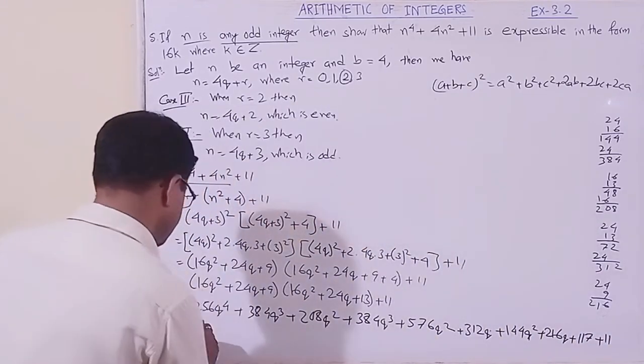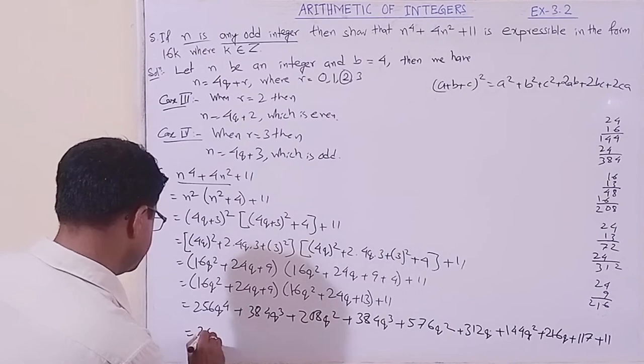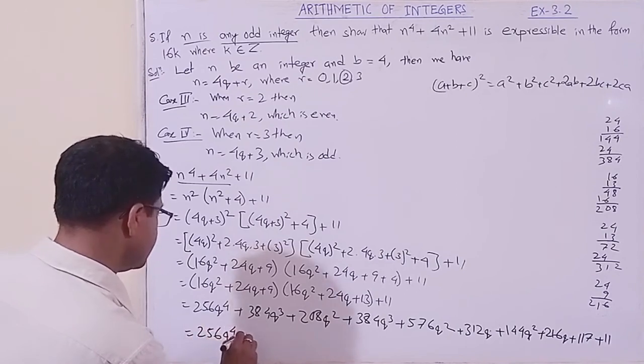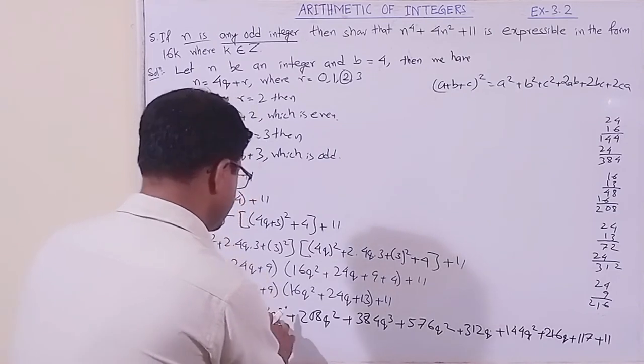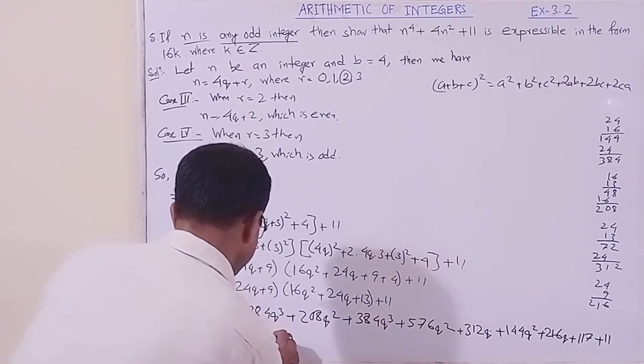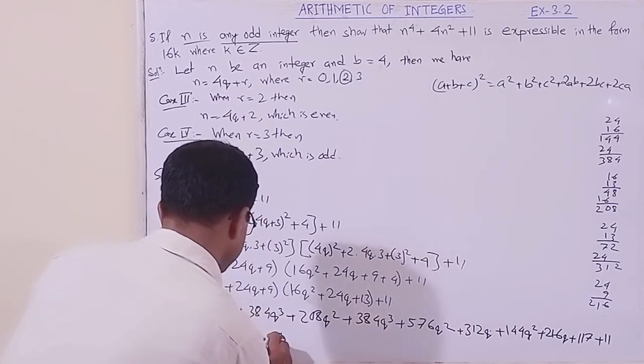So let us simplify. 256q to the power 4 plus these two terms, 384q cube plus 384, 448. Let us add them.